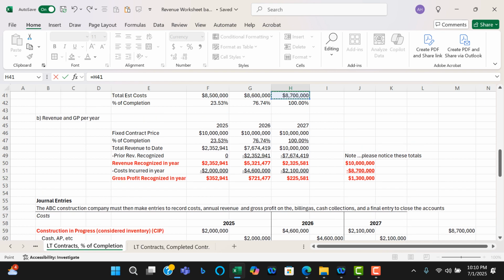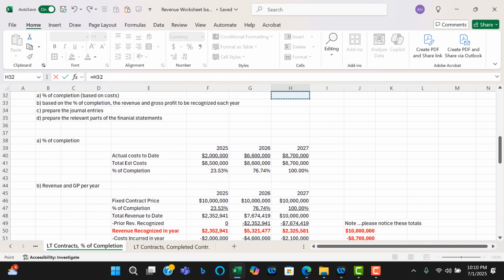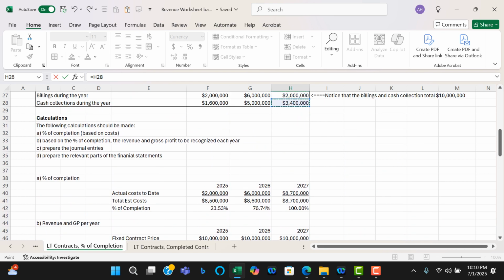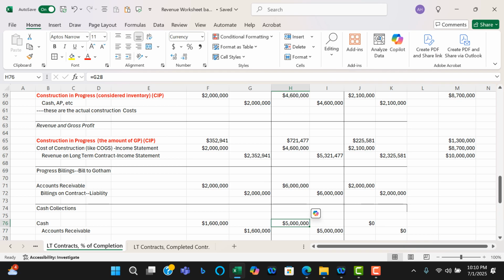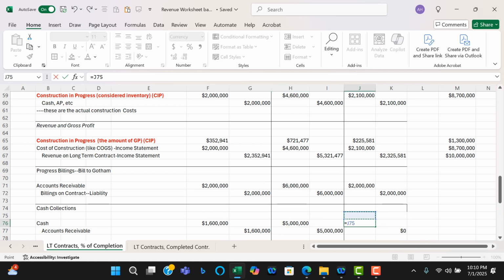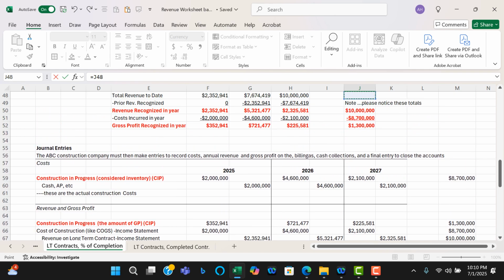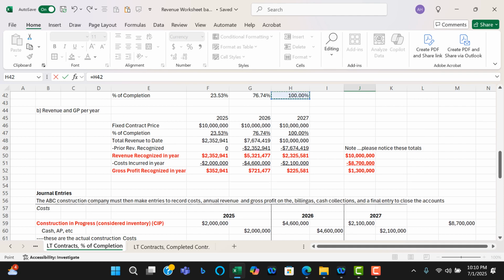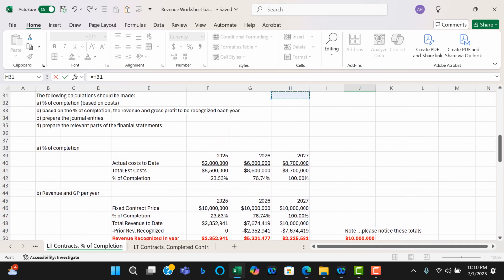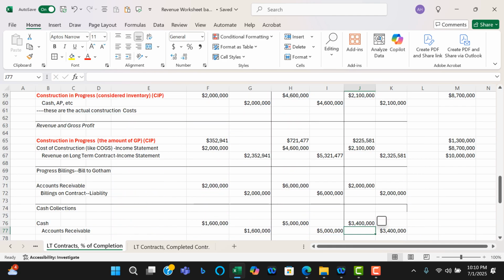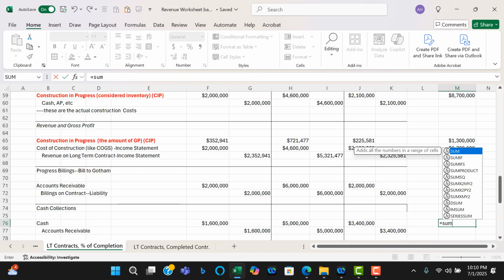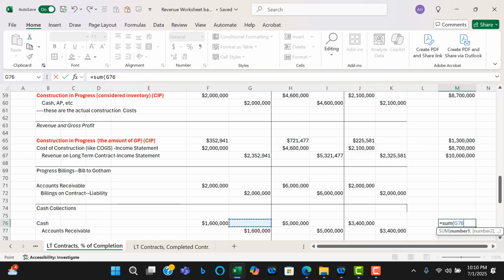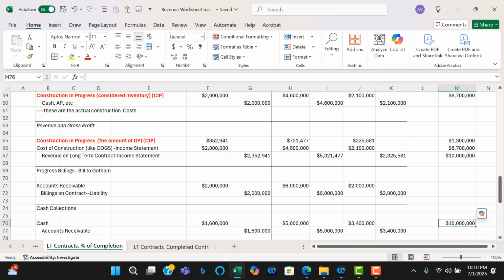In the second year, I think it's 5 million. And then you have 3.4 million in cash collections in the final year. And I do want to emphasize that the debits do equal credits, and these add up to 10 million.